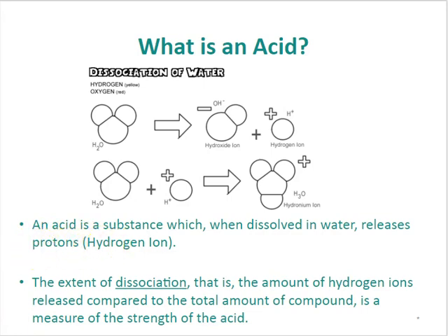So the extent at which molecules will dissociate depends on that substance. Some substances, like water, don't dissociate very easily. A substance like hydrochloric acid will fully dissociate and release lots of hydrogen ions into solution.